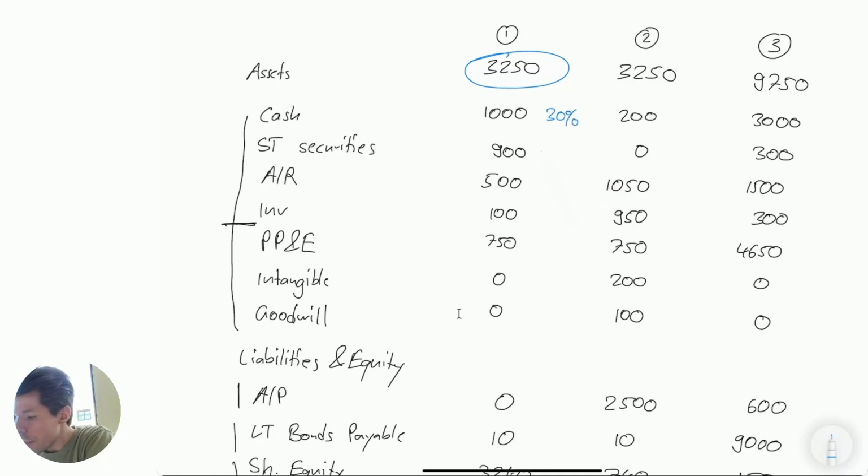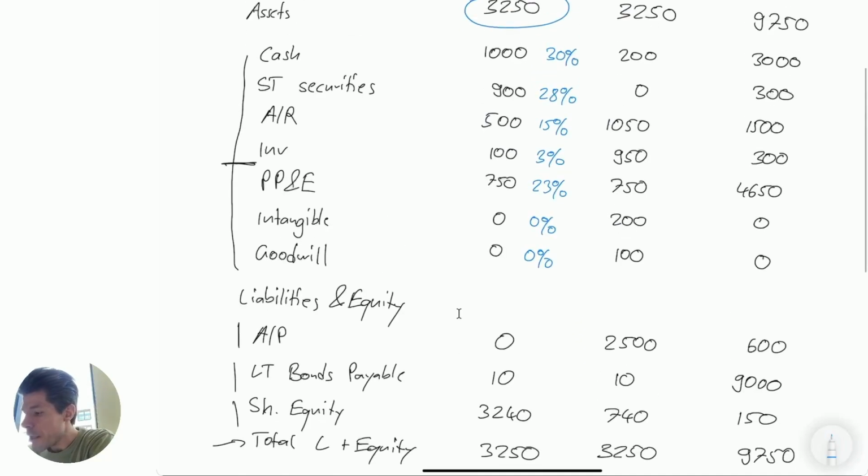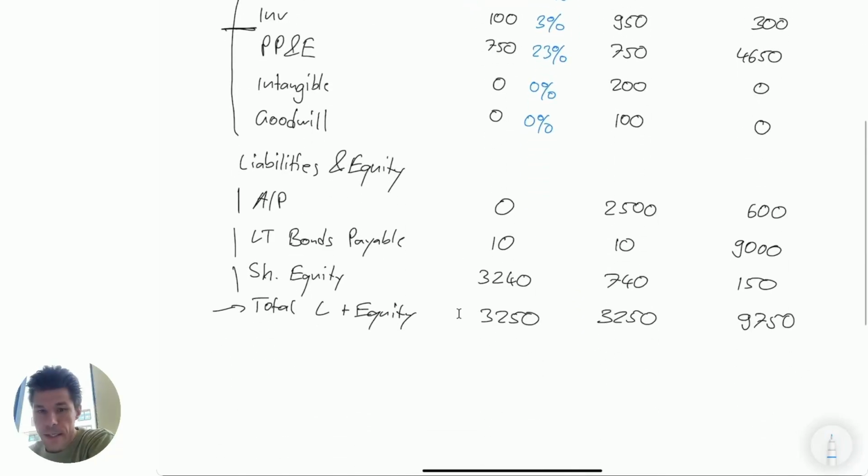Short-term securities, 28%, accounts receivables, 15%, inventory, 3%, PP&E 23%, 0%, 0%. If we go through accounts payable as a percentage of assets, it is 0%. And then we have like 0.5%.